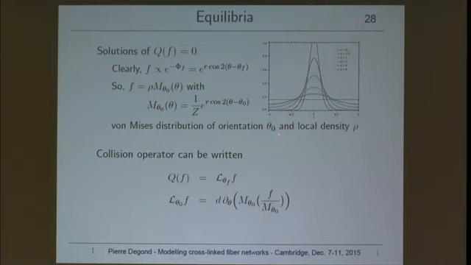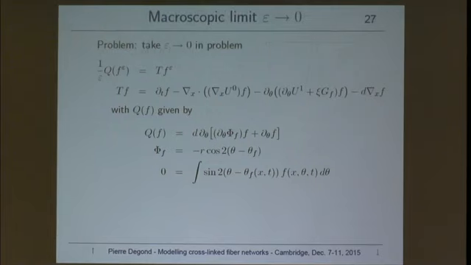So the von Mises has this expression. It's just the exponential of this parameter r that was in front of the interaction term here.